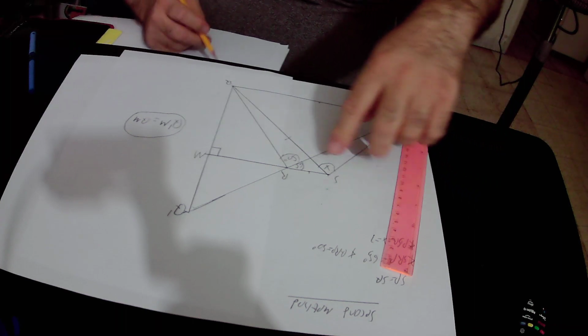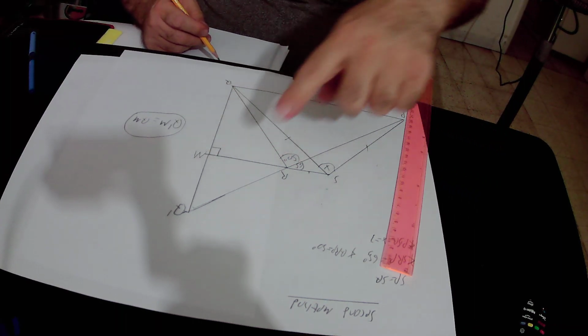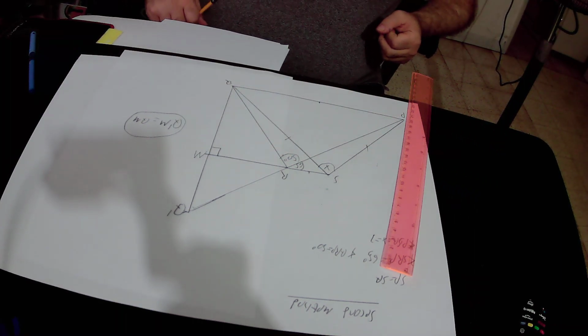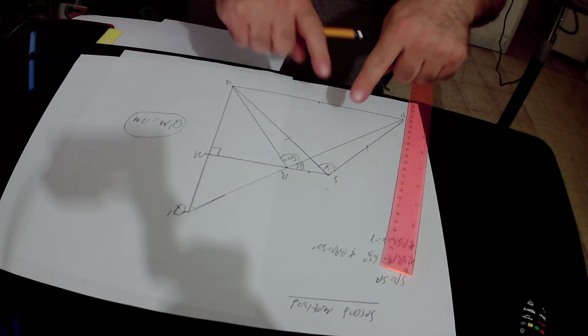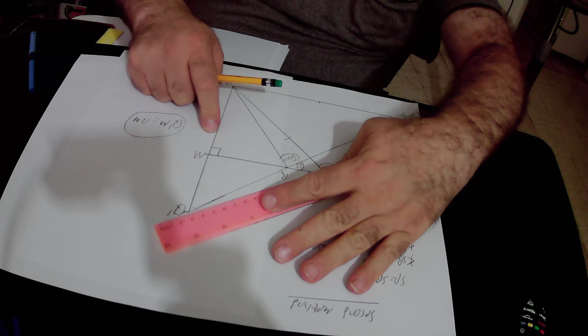Again, we join points R and Q dash by a straight line. And then we also join points S and Q dash by a straight line.